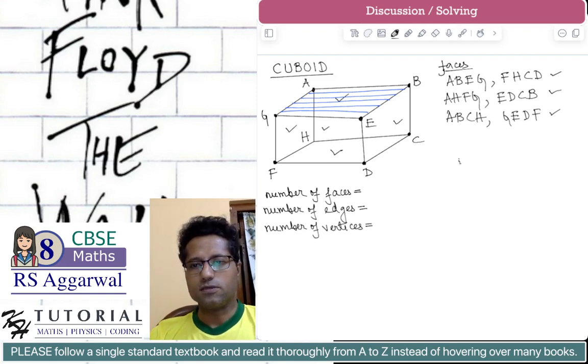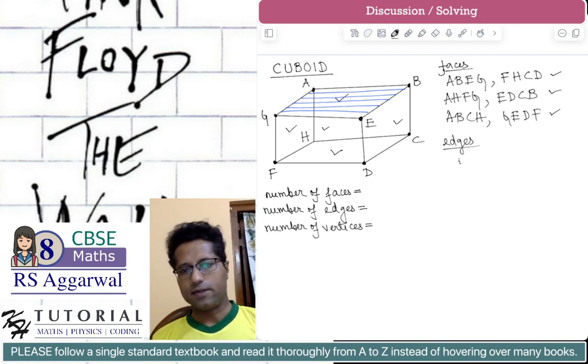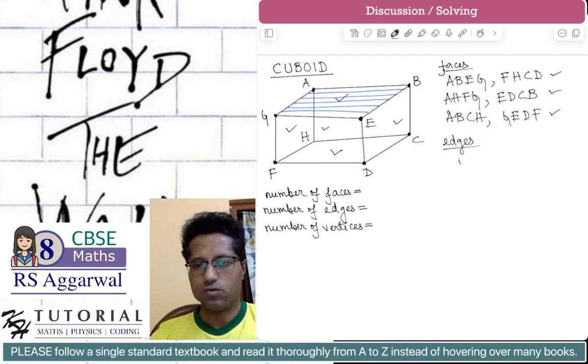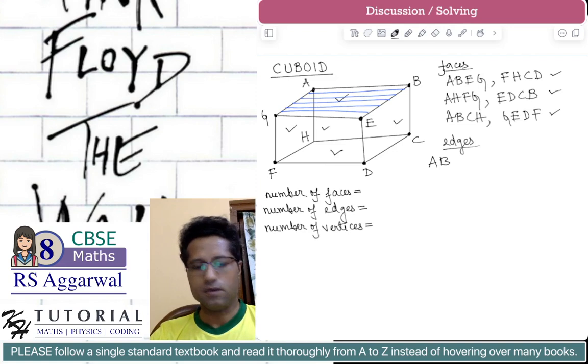Now let's consider the edges. Now you can see that 2 faces meet at a common edge. So let's consider all the edges, and the edges for a cuboid are line segments. So let's say the edge AB.